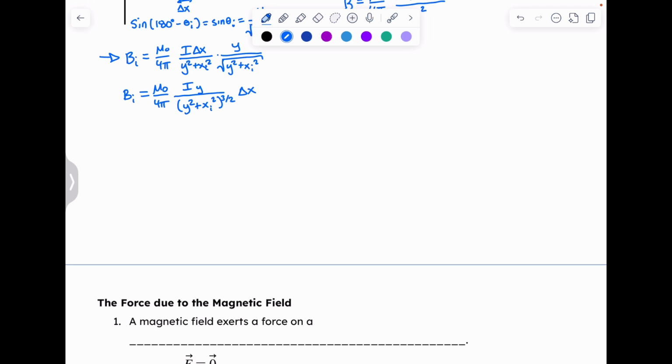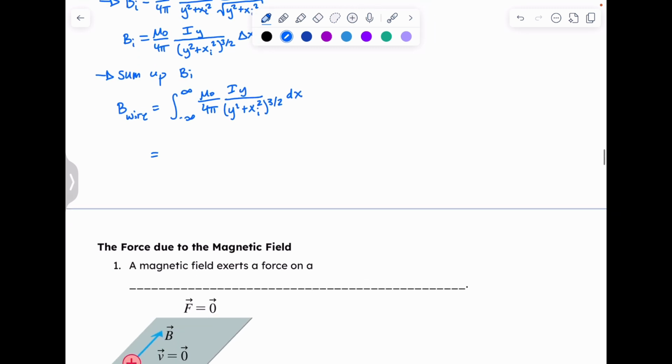The problem tells us it's a long straight wire, so we're going to assume that that's infinitely long. So when we sum up the B i's to get the magnetic field, we're going to integrate from negative infinity to infinity that expression for B i. The delta X becomes a dx.